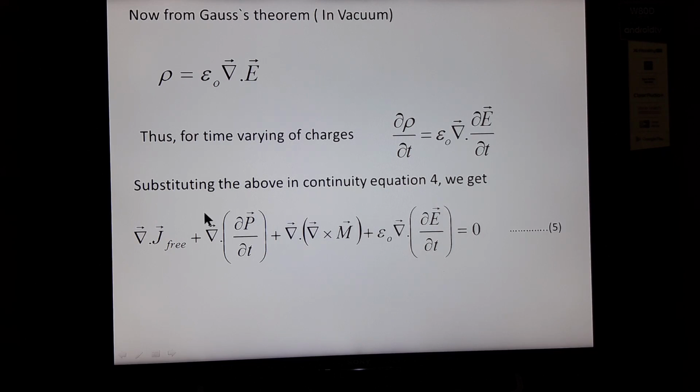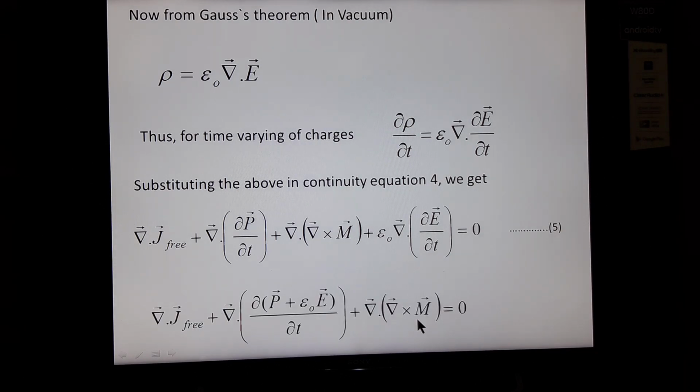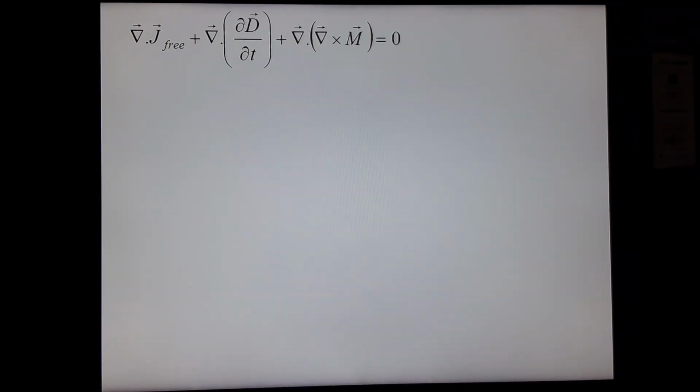Now, adding these two terms, that is the divergence of del P by del t with this quantity, the most important quantity, del E by del t, that is the variation of electric field in space with time, we get the equation like this, which we term equation 6. Now, equation 6 we may also write in this form, where D equals epsilon naught times the external electric field vector plus the polarization vector, and in free space the polarization vector will be 0.